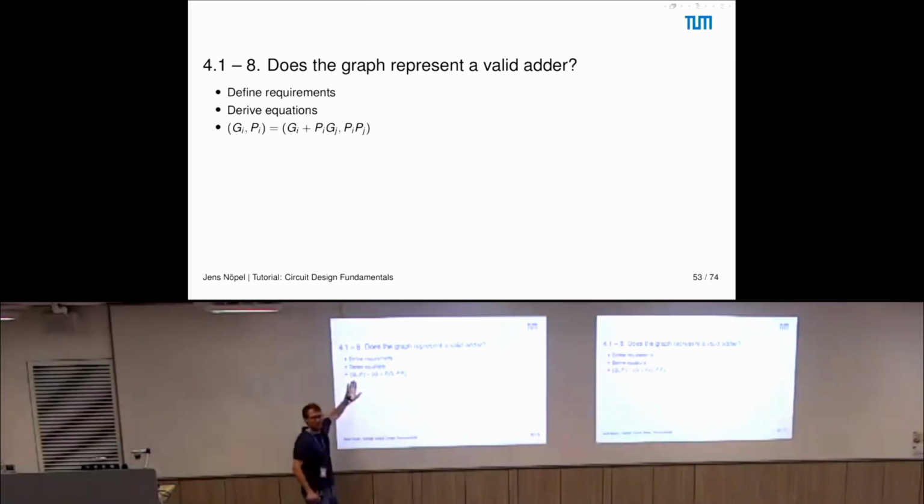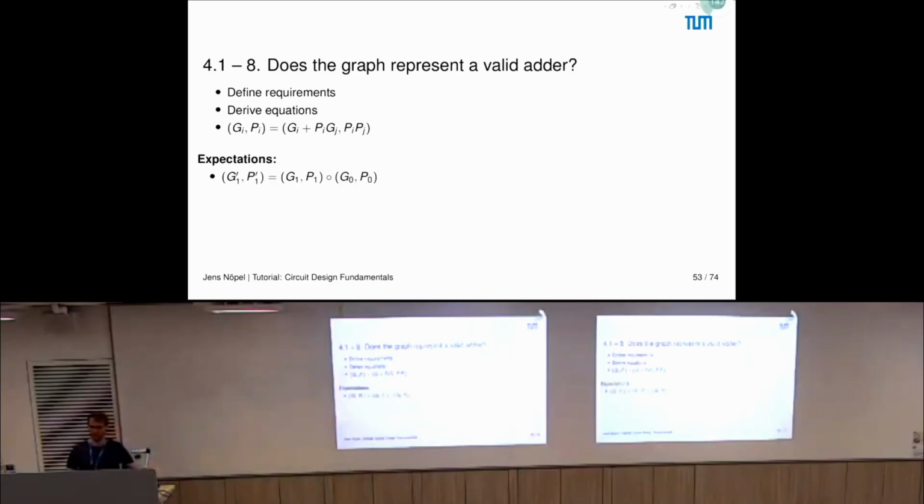This formula should look very familiar to you now. And the expectation is the following, right? We have the conjunction of G2 P2 with G1 P1 giving us the intermediate G2 P2, or the result of it, right? And the same for 1, and that's it.